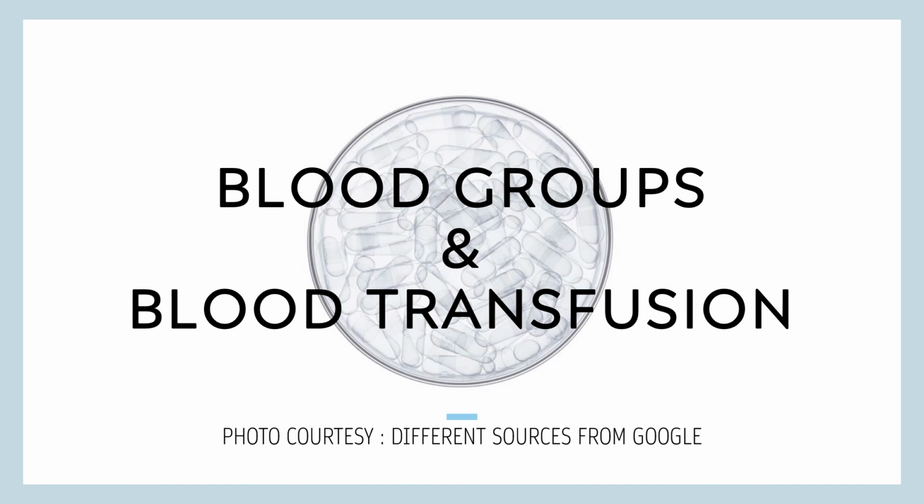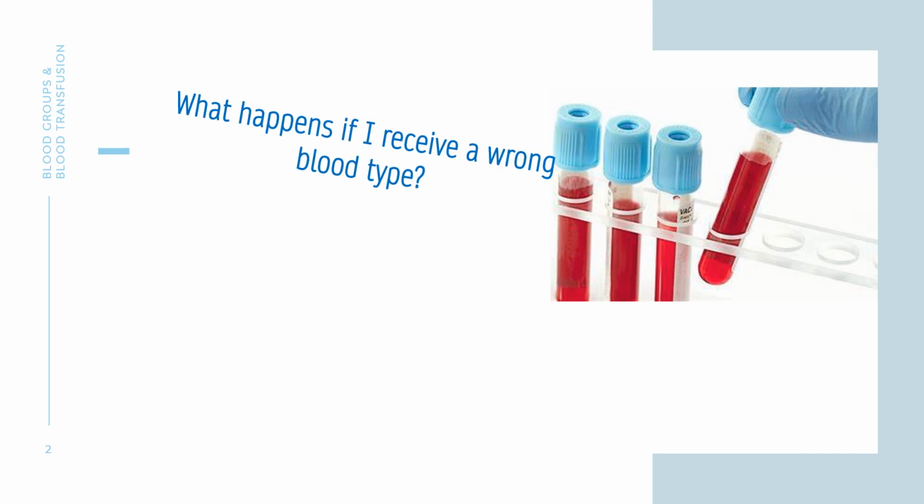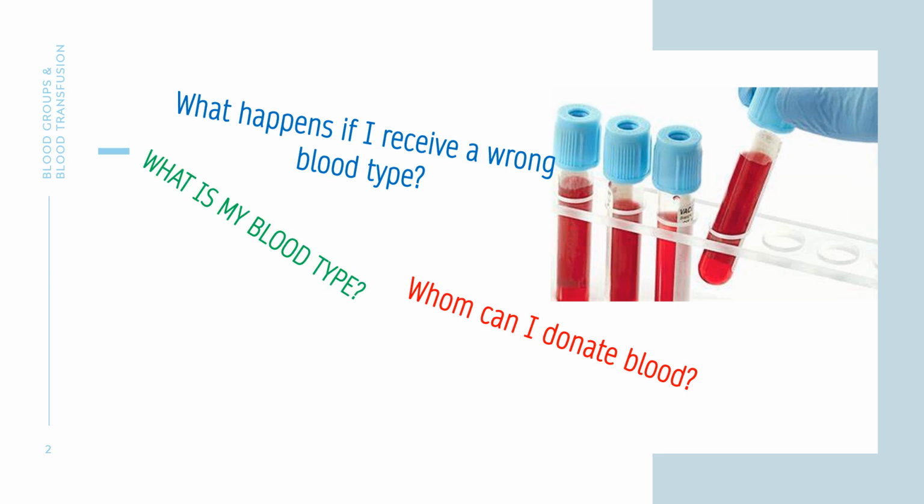So, today we are going to look at different types of blood groups and blood transfusion in human beings. Have you ever come across a situation where you were to donate blood and you wondered to whom your blood will go, or if you were to receive blood, did you ever think, what if a wrong blood group is given to me?